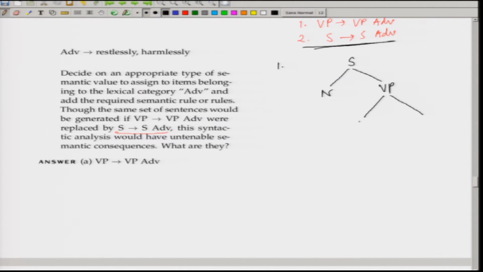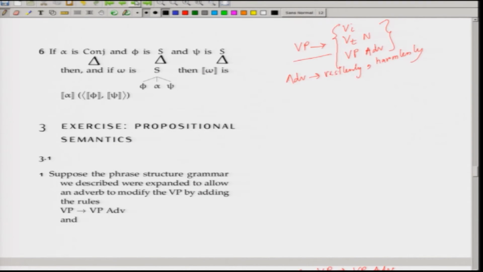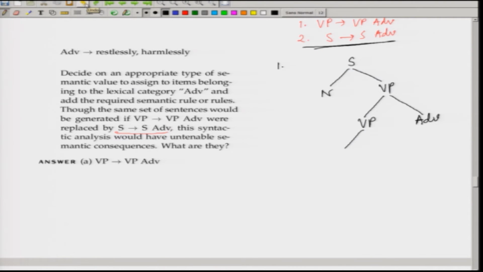So, VP goes to VP, then ADV, and then this VP takes the second route, that is VP goes to VI, and VI goes to snores. That is one, and say the adverb goes to restlessly, and N goes to Sadie.